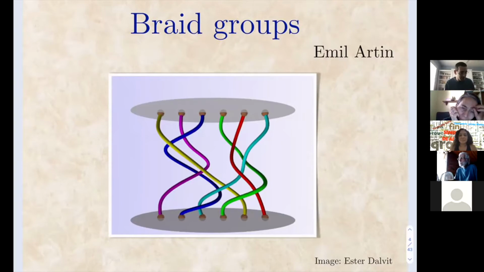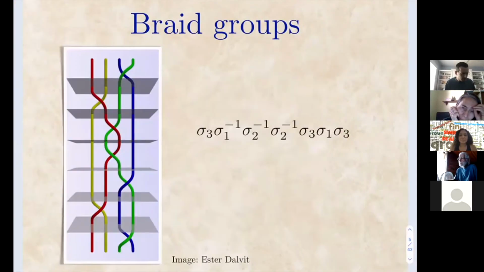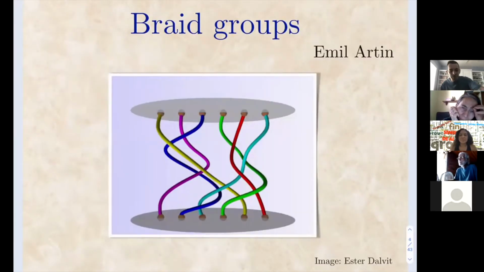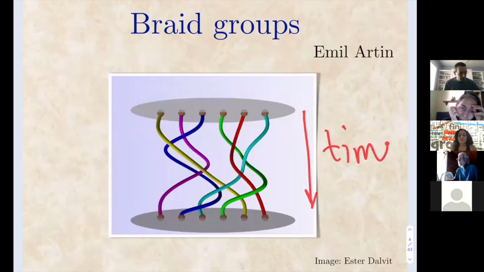Those are the things we care about. The reason you care about the braid group is that it shows up everywhere in math and science. You should imagine 6 points moving around in the plane, and you trace out the motion over time, 6 points that never bump into each other. If this is the time direction, then you get a braid.